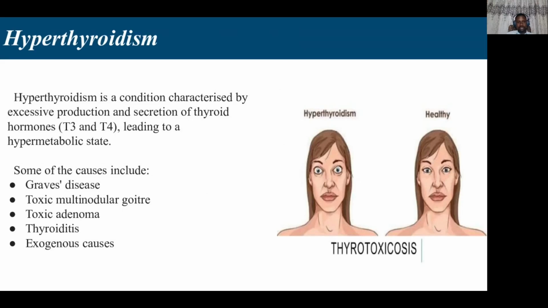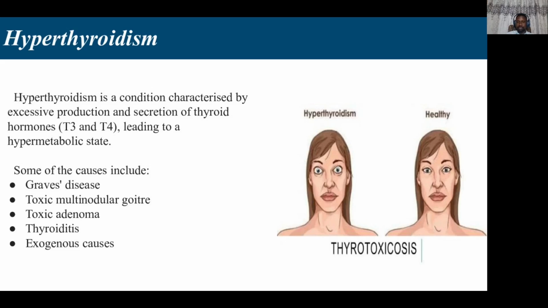Let's start with hyperthyroidism. Hyperthyroidism is defined as a condition characterized by excessive production and secretion of thyroid hormones, remember, T4, which is thyroxine, and T3, which is triiodothyronine, leading to a hypermetabolic state. Some of the causes of this excessive production include Graves' disease, an autoimmune condition with thyroid stimulating hormone receptor antibodies, which is the most common cause of hyperthyroidism.